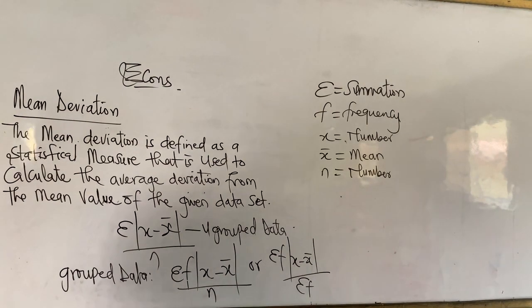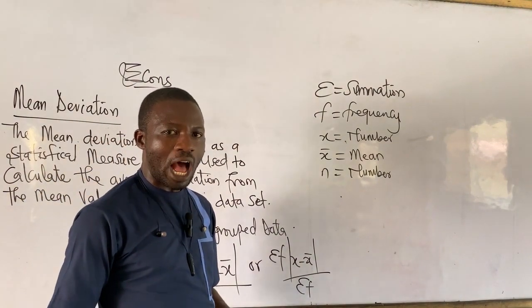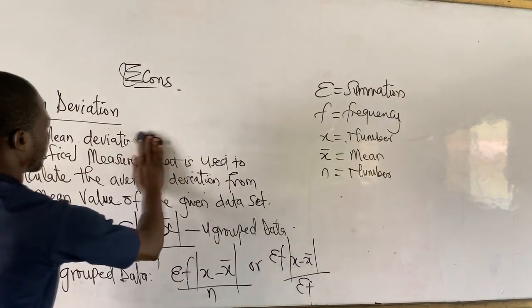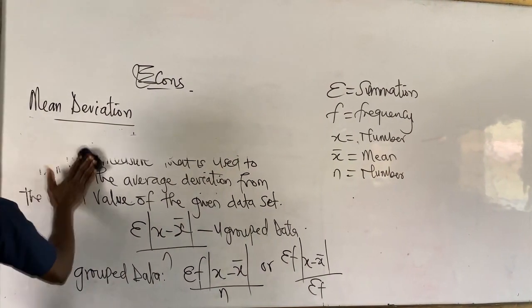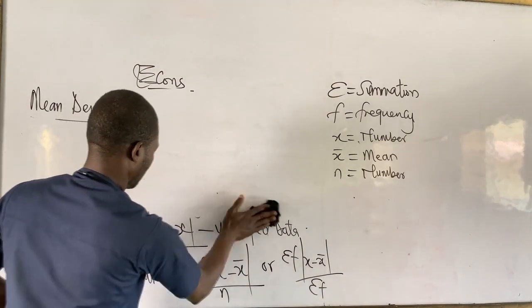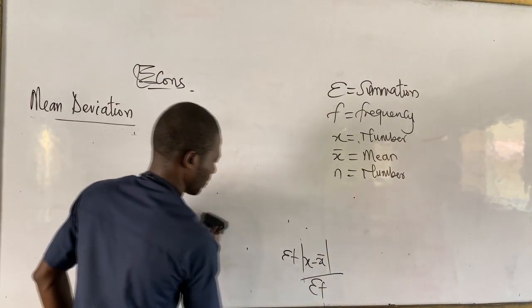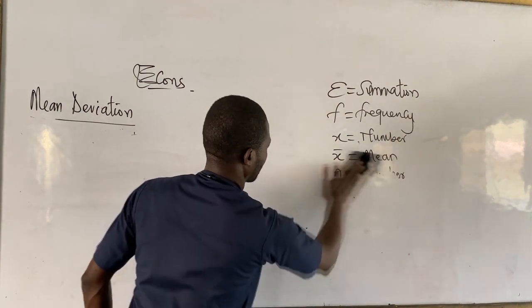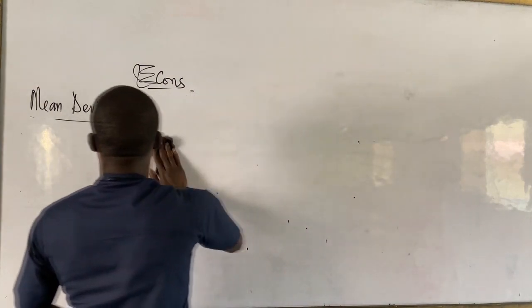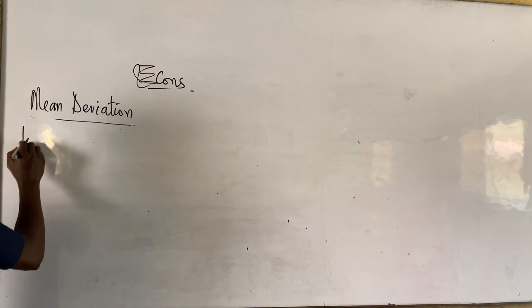Now, we are going to give a numeric example on how to calculate mean deviation. Let's look at the first worked example.